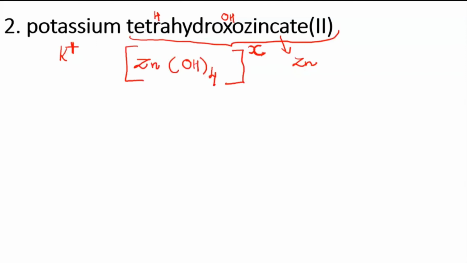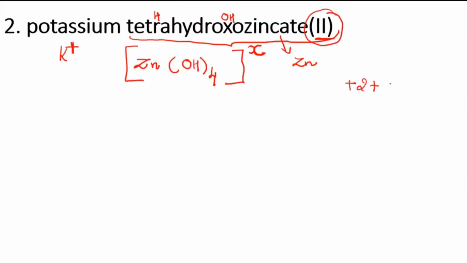Now your job is to find this X value. Find it by using the oxidation state of the zinc also, because the metal oxidation state is required, otherwise you will not be able to get the charge on the complex. Here zinc is in +2 state, plus I have 4 hydroxide, and the hydroxide charge is -1.